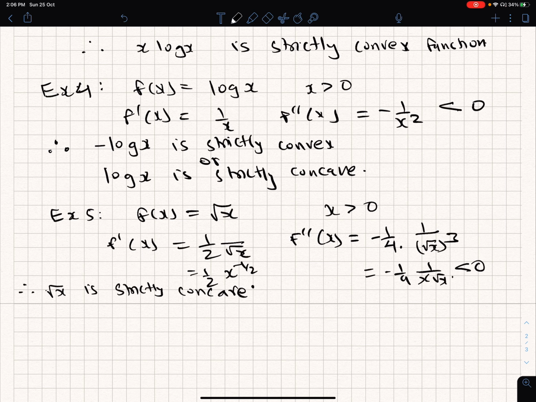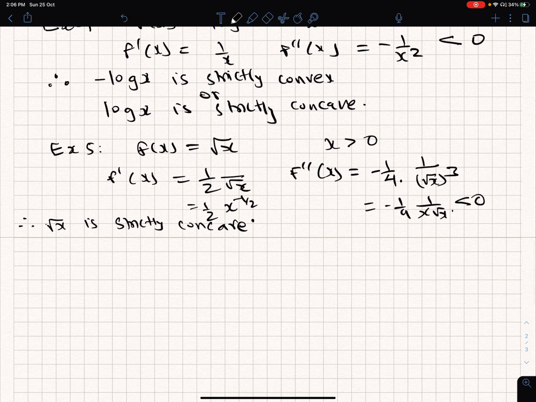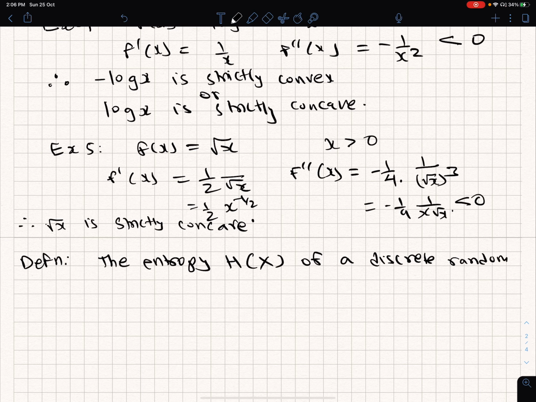For example, in information theory, the entropy of a discrete random variable capital X is defined by H(X) equal to minus the sum over x of p(x) log p(x).